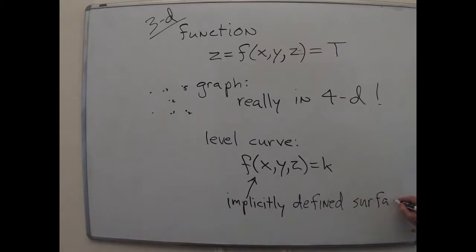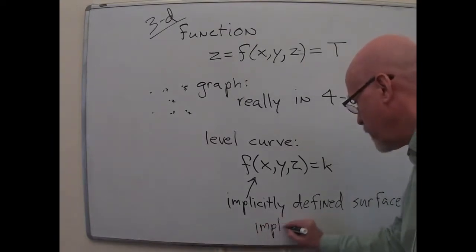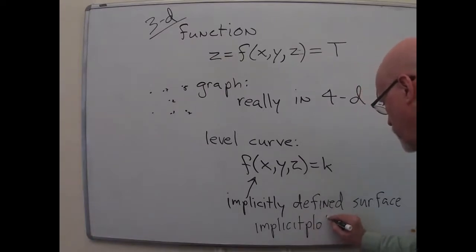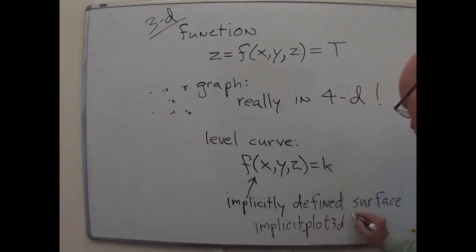And if you're using Sage CoCalc, this is something you can easily plot. This is where the function implicit plot 3D gets used. When I was showing you guys the quadric surfaces, I think it's implicit plot underscore then plot 3D. I may be misremembering the name of the function there.